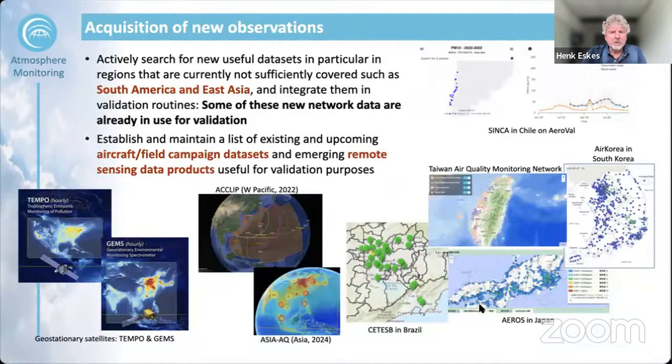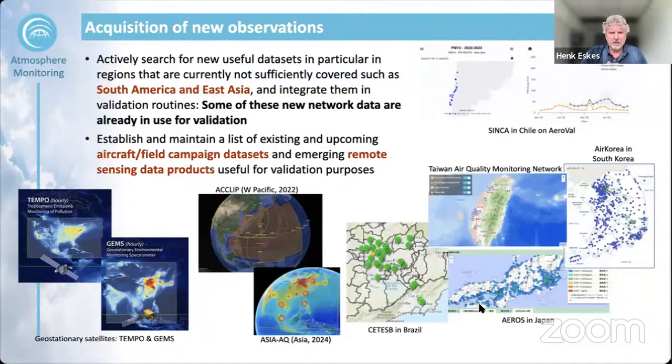Okay, I already mentioned we have a lot of observations that we deal with, but we are still looking for new observations. One thing I mentioned is that the surface networks are from America, Europe, and China, but there are still a lot of gaps because we don't really have a lot of information from South America, Africa, and also Asia is a bit sparse.